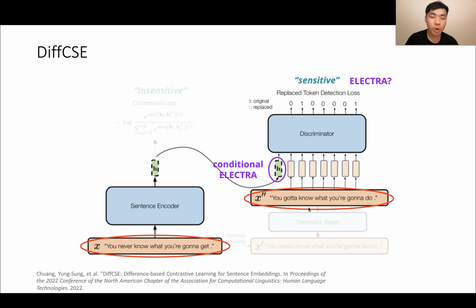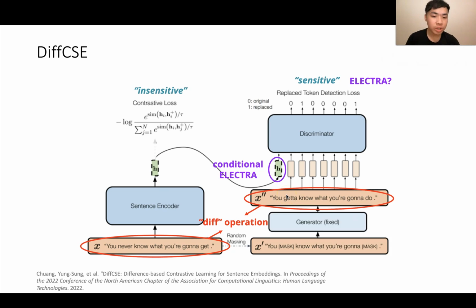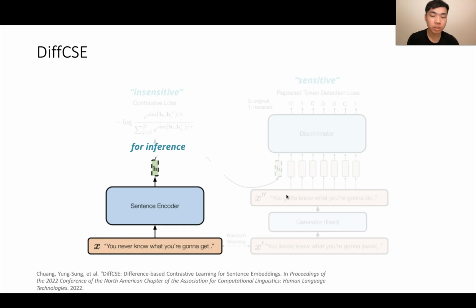So our model is actually doing a kind of diff operation between two very similar inputs. That's the reason why we call our model DiffCSE. After training this model, we discard the generator and discriminator and only use the sentence encoder for inference.